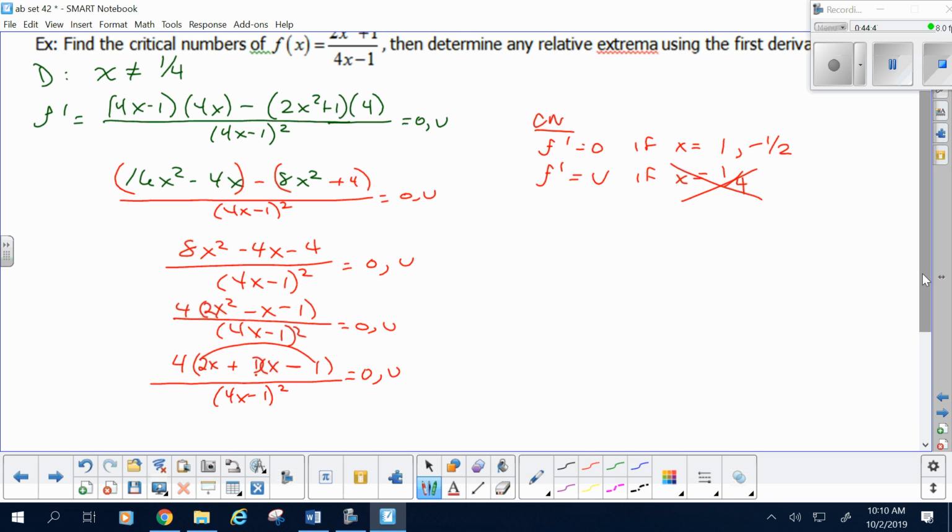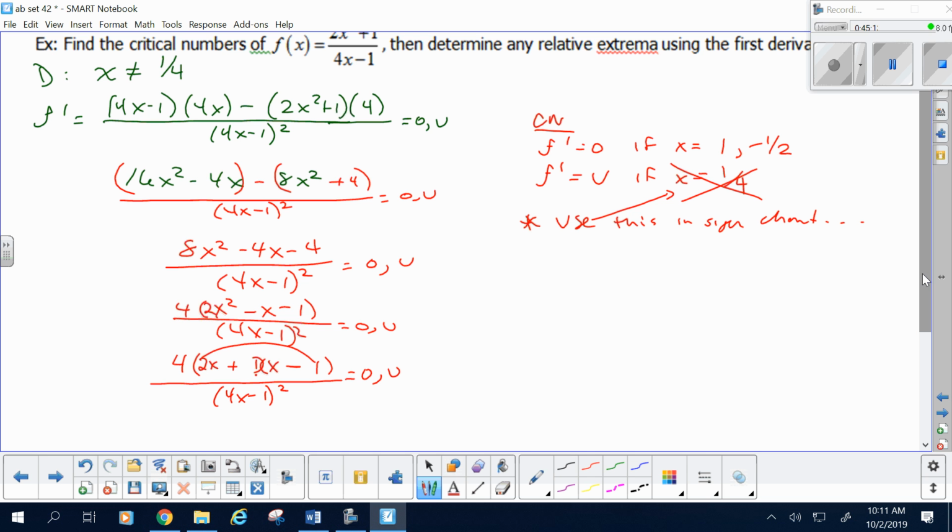Okay. Now, write yourself a note here. This is kind of high level stuff. When you go to make a sign chart, use this in your sign chart, because although it is a critical number that doesn't actually give you stuff, it can be a place where your signs change.